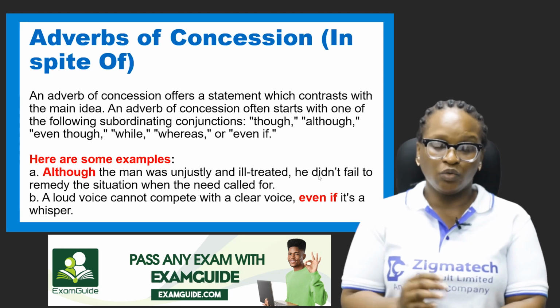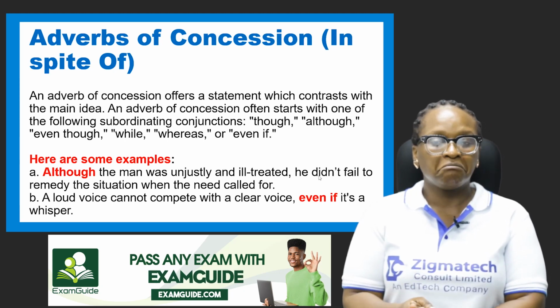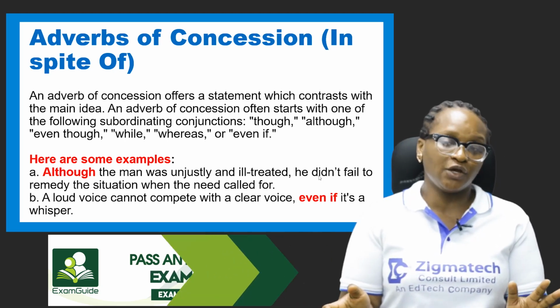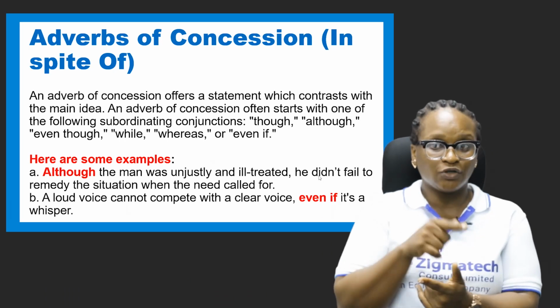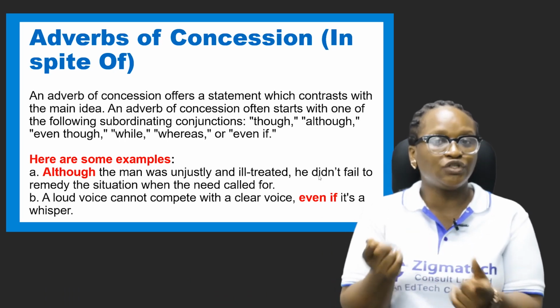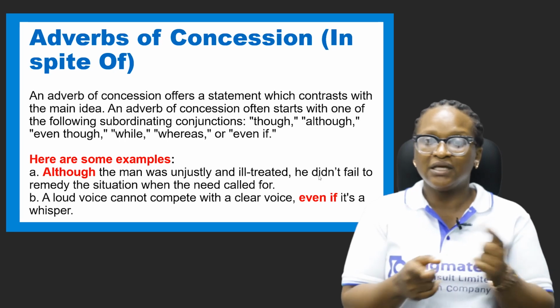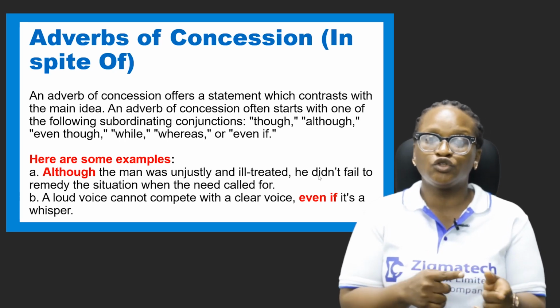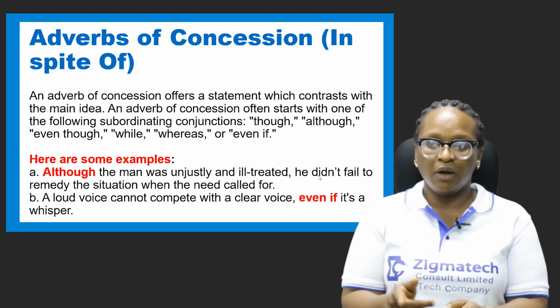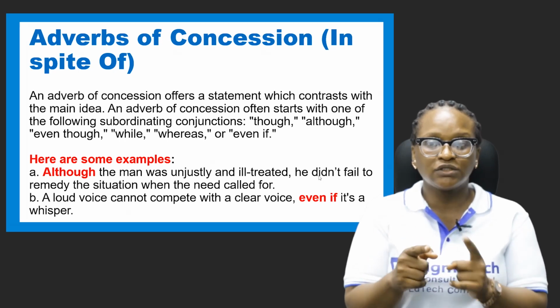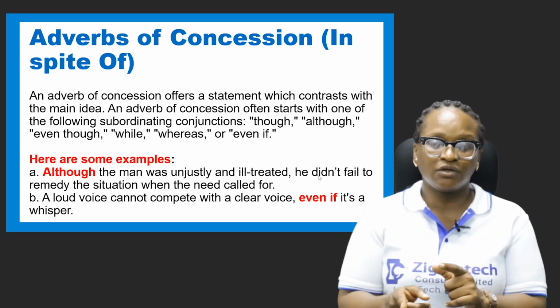You said he was unjustly ill-treated. When the need called for, he didn't fail to remedy the situation. That's a contrast. You can imagine someone who is unjustly ill-treated. The last thing you would want to do would be to be of help to anybody. But we are contrasting. So that's what adverbs of concession is all about.